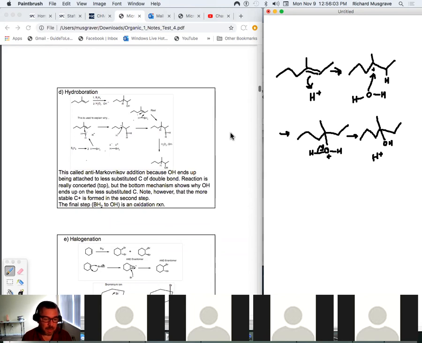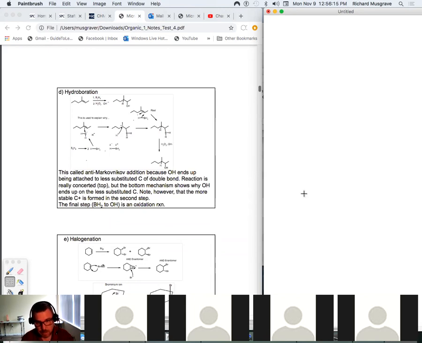It's a misnomer really because there's nothing anti about it. It's just a manipulation because we're using a different kind of reagent to make this reaction happen. So again, anti-Markovnikov addition. We're using the reagent here, diborane, which is B2H6.